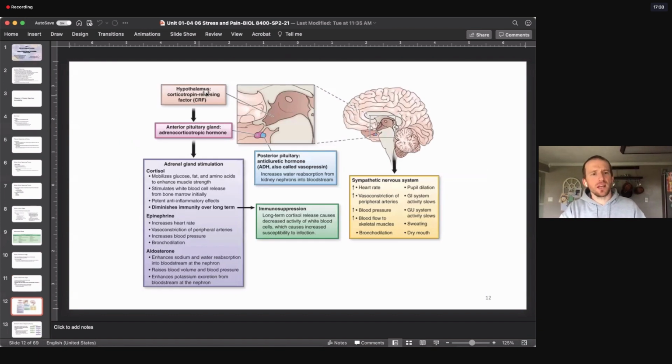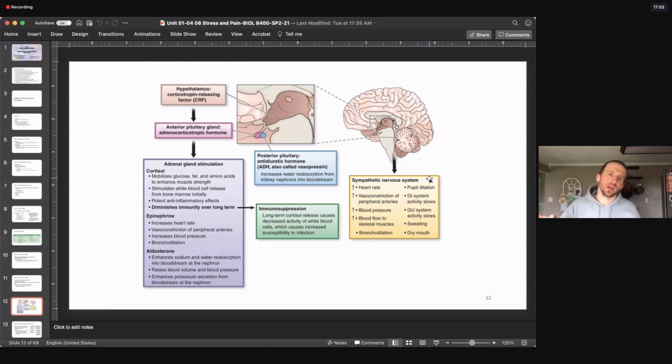And so this creates this nice axis where the hypothalamus, in a tropic hormone setting, is activated to release a stimulating hormone that the anterior pituitary gland releases and gets the adrenal gland activated. All of this is occurring secondarily, but in close proximity to the activity of the sympathetic nervous system.